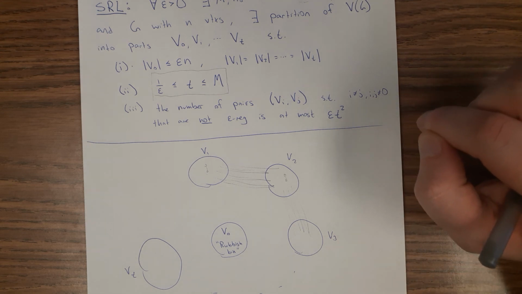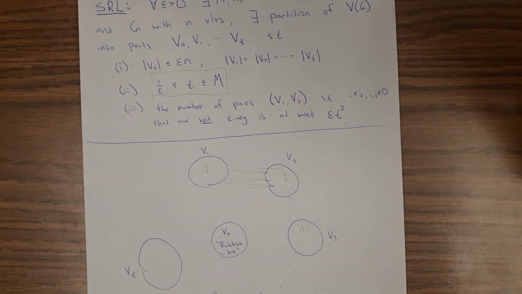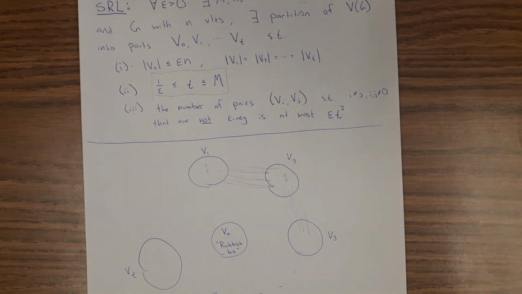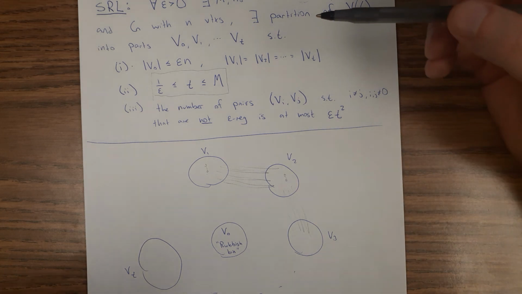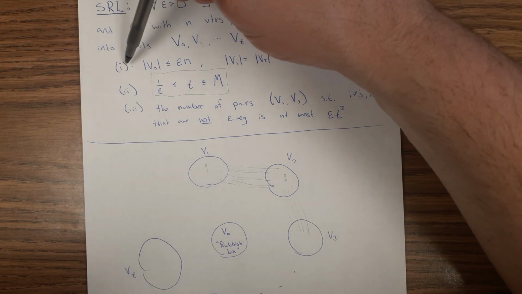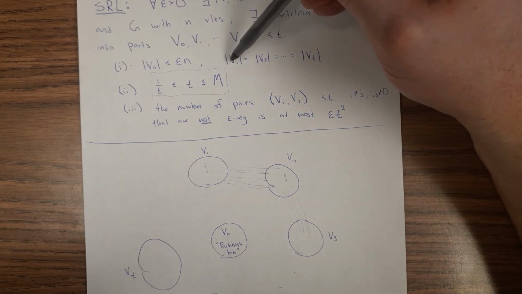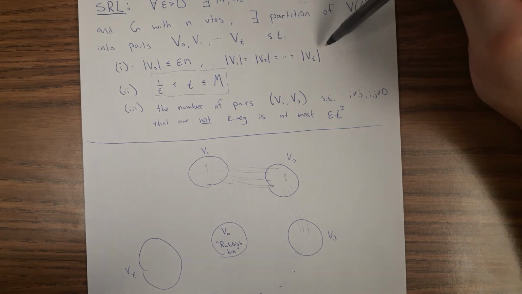You would have n parts, but it would automatically be an epsilon regular partition. Maybe I encourage you to check that. It's a nice sanity check that if you do the partition where every vertex is in its own part, then it would satisfy this. I guess you let V naught be empty and let all of these be size 1.